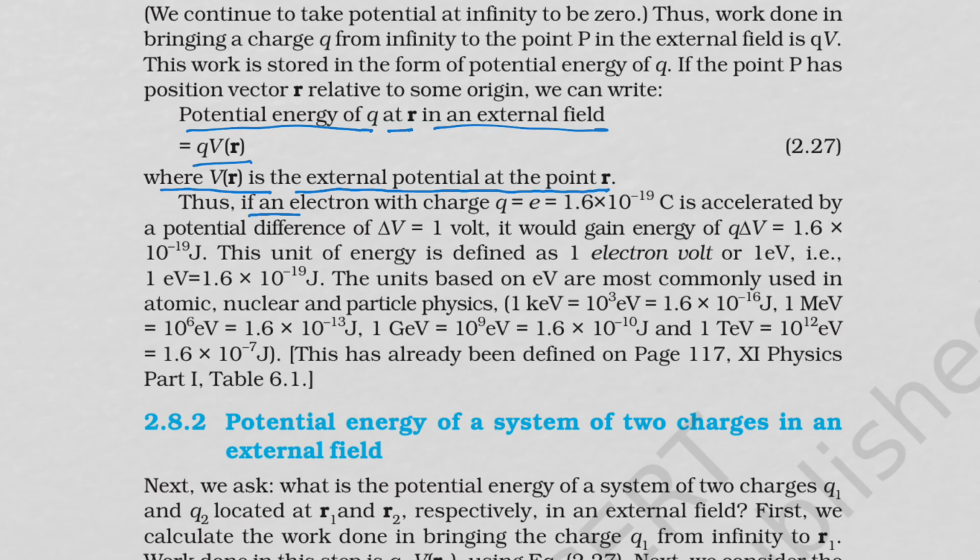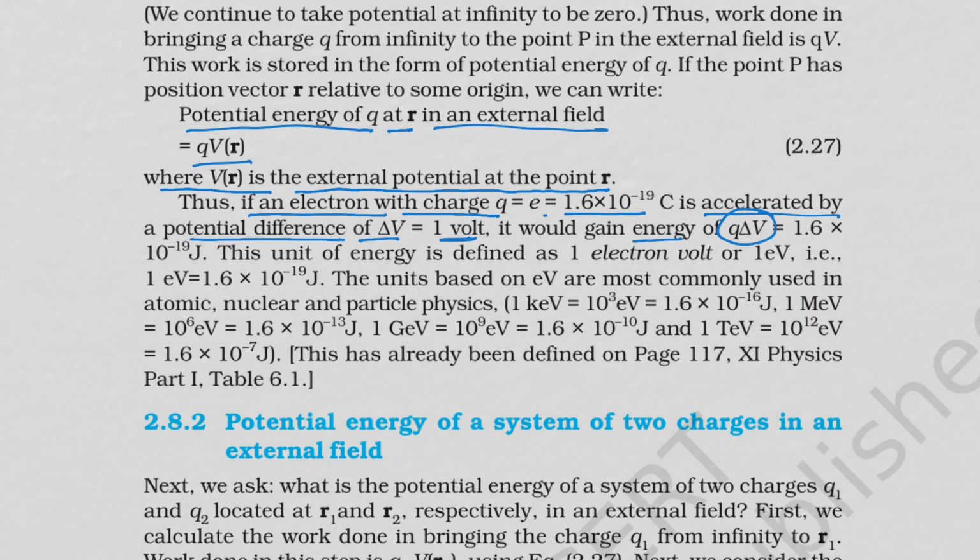So if an electron with charge e, that is, on an electron the charge is 1.6 into 10 to the power minus 19 coulomb, is accelerated by a potential difference of delta V, that is 1 volt, it would gain energy of how much? The energy is Q delta V or QV we are talking about.